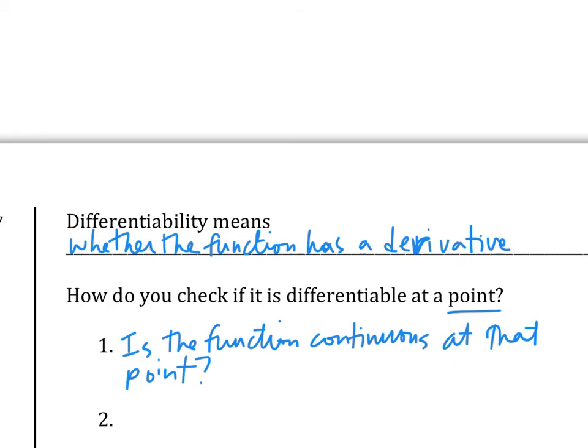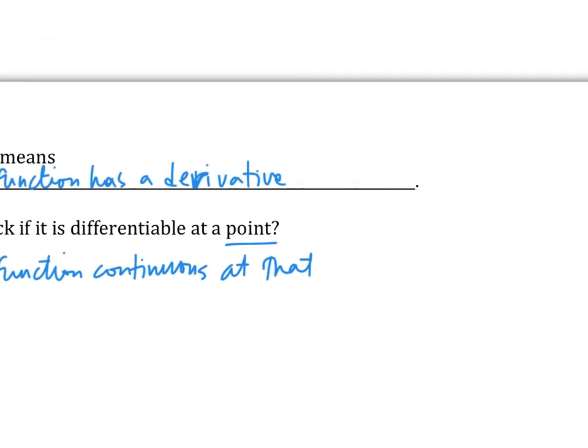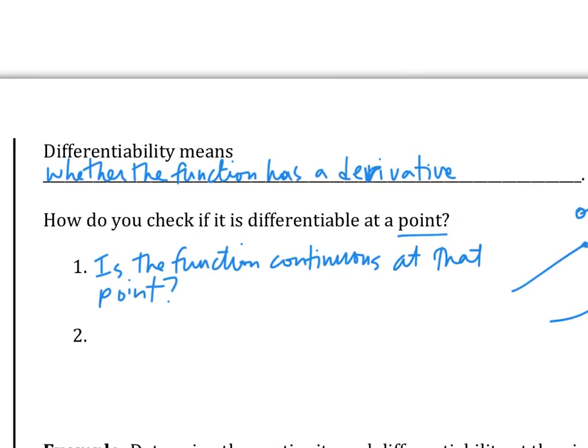If you have a jump discontinuity, then at that point there is no derivative. A derivative has to happen on a continuous curve. Same thing with an infinite discontinuity. There's an asymptote to begin with, so definitely no derivative.